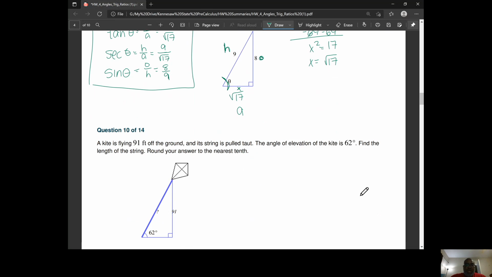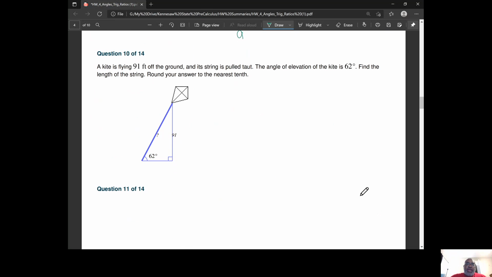Okay. Number 10. A kite is flying 91 feet off the ground, which is identified there, and the string is pulled taut. The angle of elevation of the kite is 62 degrees. Find the length of the string, and write your answer to the nearest tenth. So we have the angle 62 here. We have the opposite side and we're trying to find the hypotenuse.